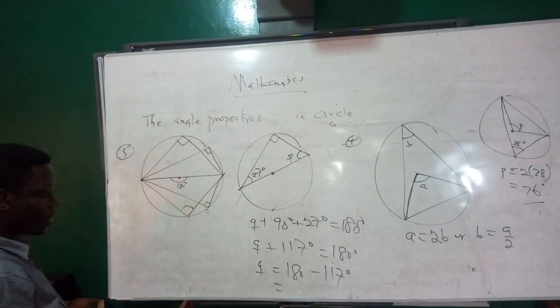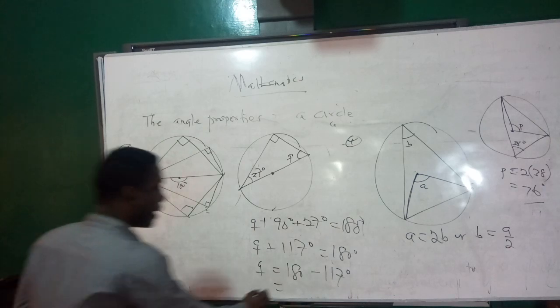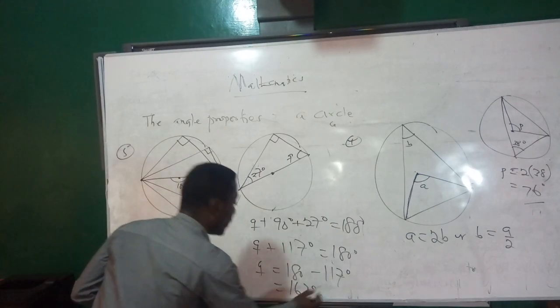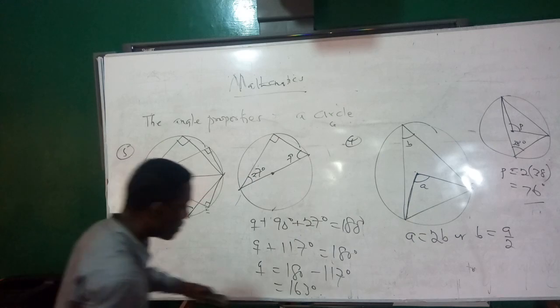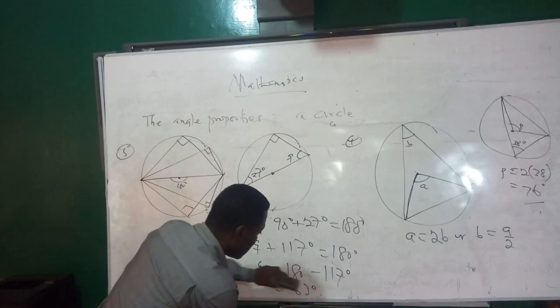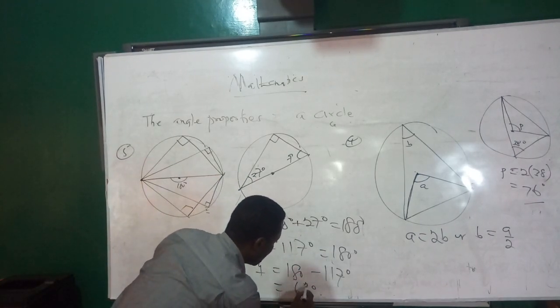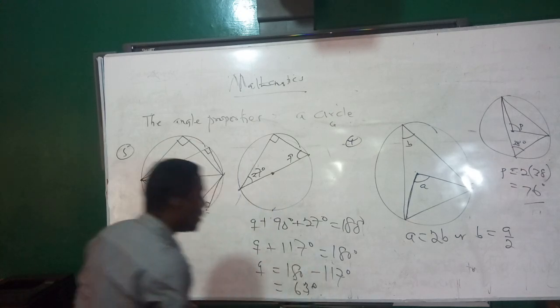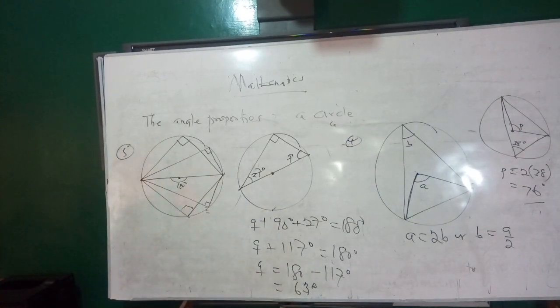So in short we have what? 63 degrees. So that will be an example of property number 5.